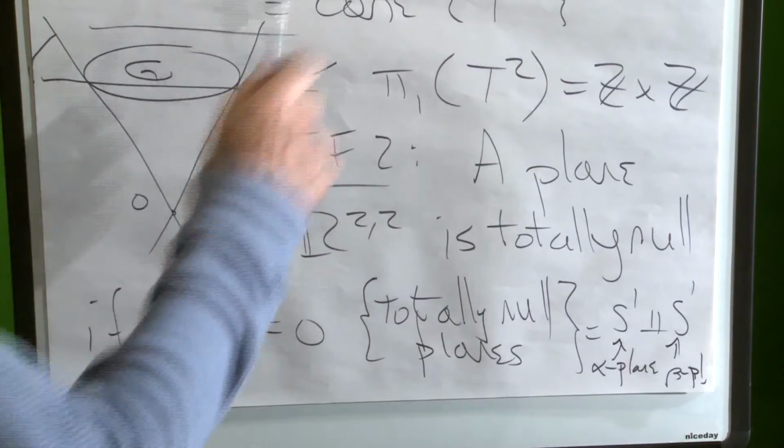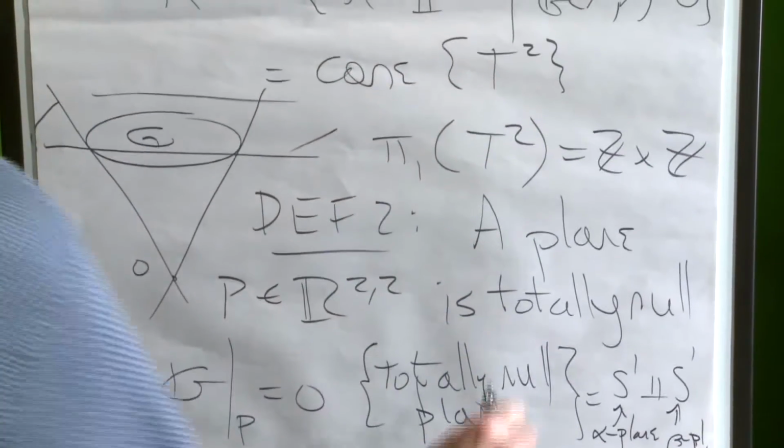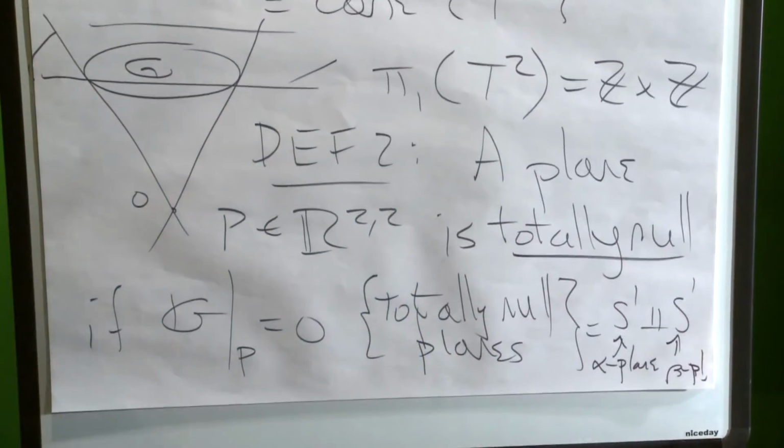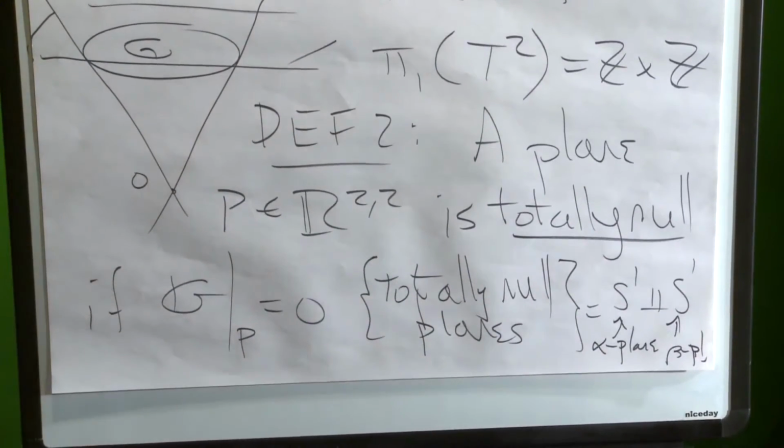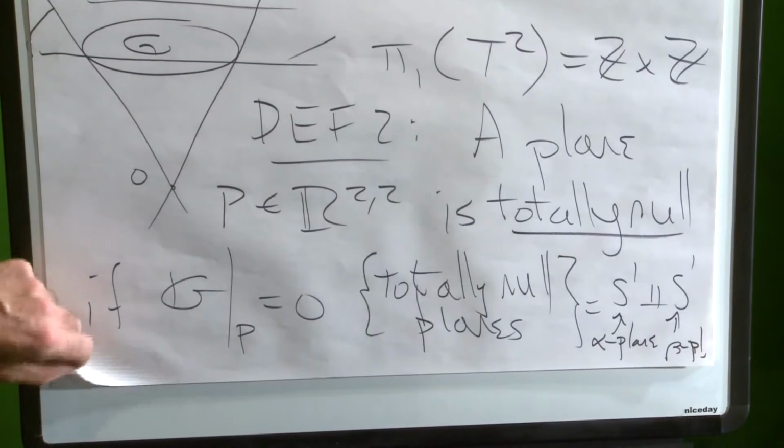Again, it's all to do with nullity because of the indefinite signature in this metric. The nullity is an important aspect of this geometry that doesn't exist in the definite case. The third definition, again to do with nullity, is the following.